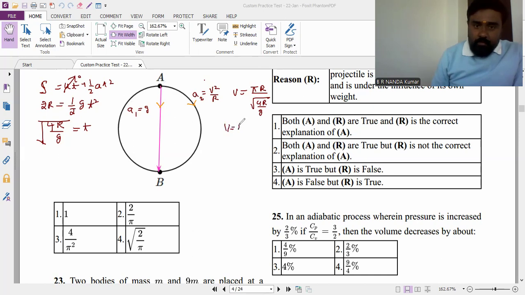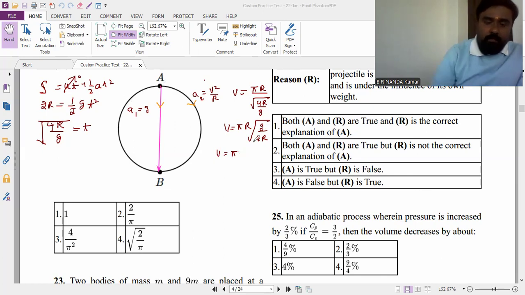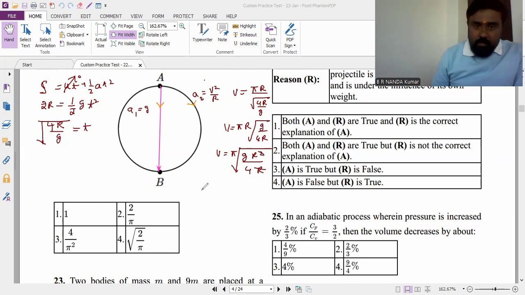So v is equal to pi r into root of g by 4r. Taking r inside the root, v is equal to pi root of g r divided by 4.